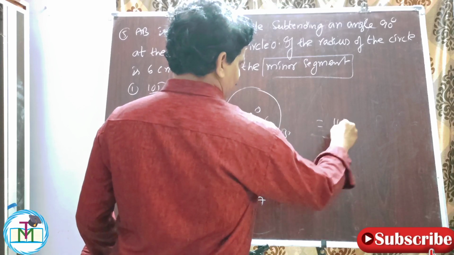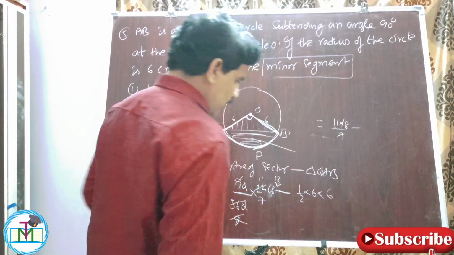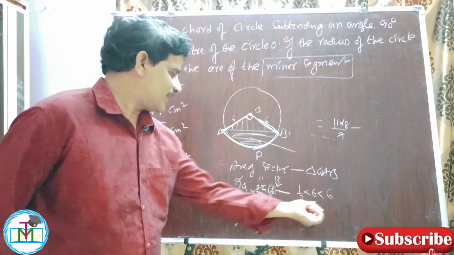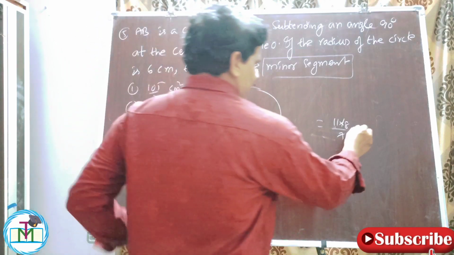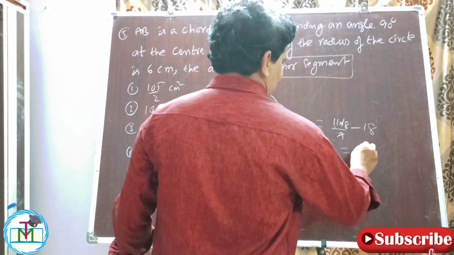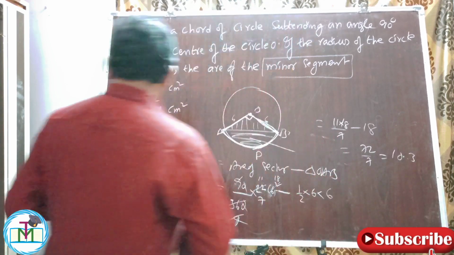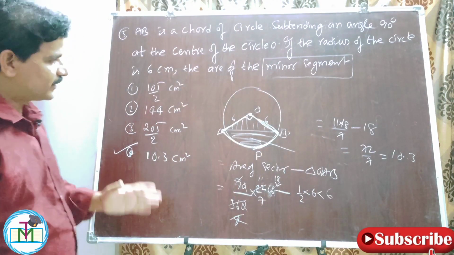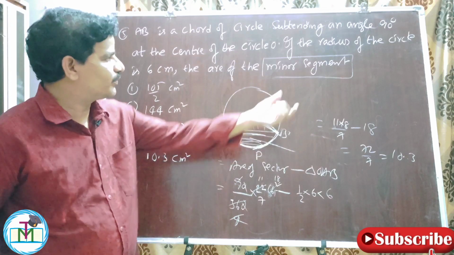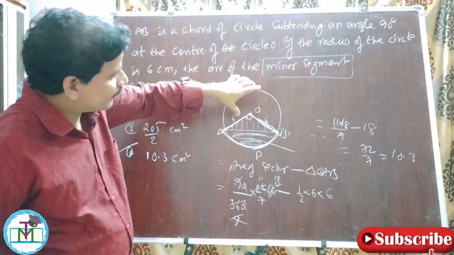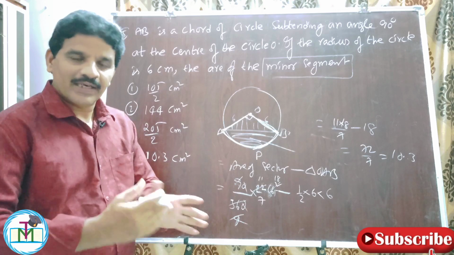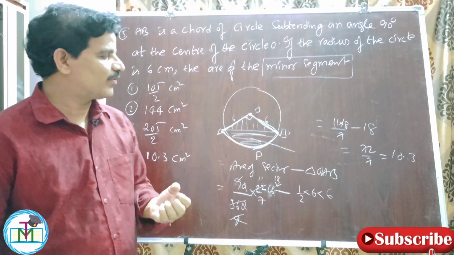11 into 18 by 7 minus, here this is 6 into 6, 36 by 2, nothing but 18. When I subtract this, I get 72 by 7, nothing but 10.3. So option 4 is the right answer. Therefore, whenever the area of the minor segment or major segment is asked, immediately we should recall the formula.